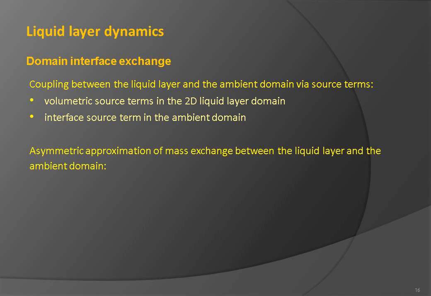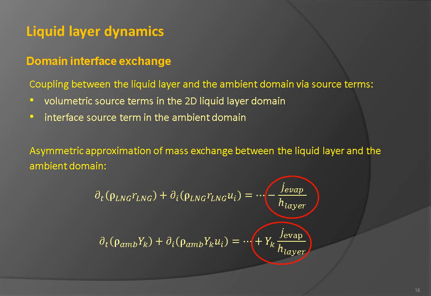The mass exchange between the liquid layer and the ambient domain was modeled as an asymmetric process. Only the mass associated with the LNG boiling was allowed to appear at the ambient side in exactly the same extent as it was removed from the liquid layer domain. Any other mass exchange is considered to be negligible.